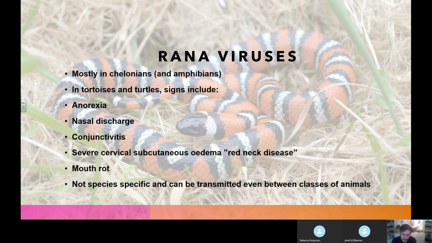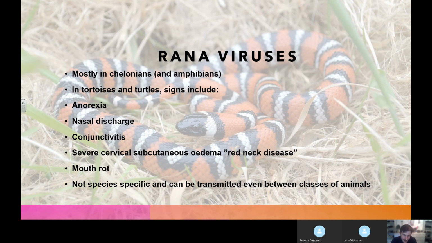This swollen, reddened neck has in the past been called red neck disease. We now know that ranavirus is implicated in those cases. We'll often see nasal discharge, conjunctivitis and respiratory signs.